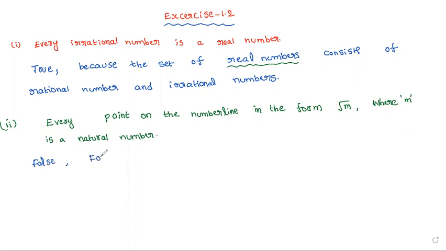For example, I have explained one example. Square root of 2 by 3 is a real number on the number line.